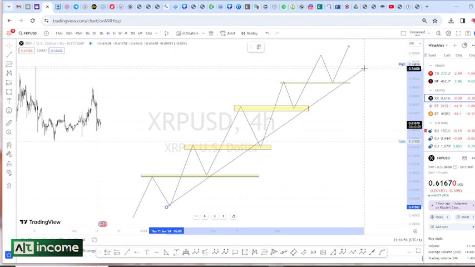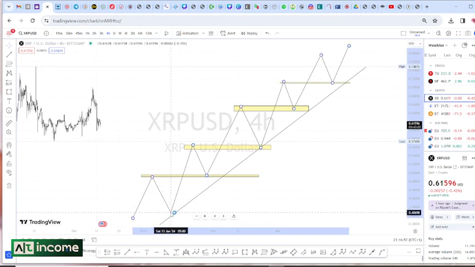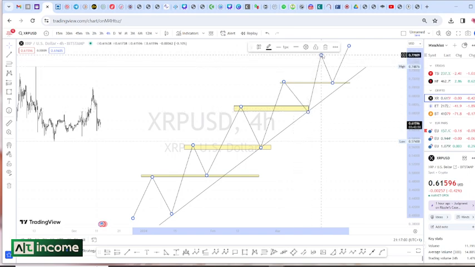If I connect all the lows together, you see that price is actually bouncing from the lows upward. More than 10 trades this year I entered just based on this.